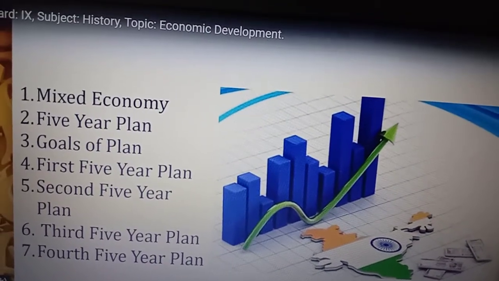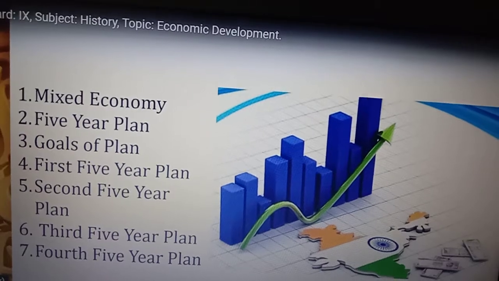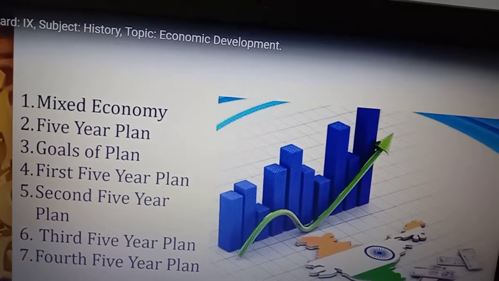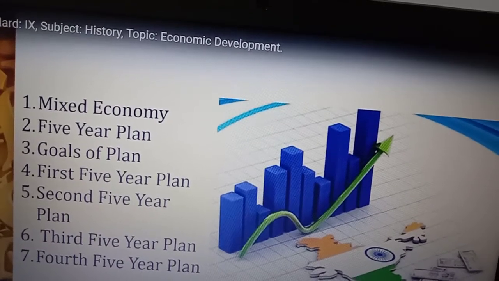In this chapter we are going to study the 5-year plans and different types of economy like the mixed economy.